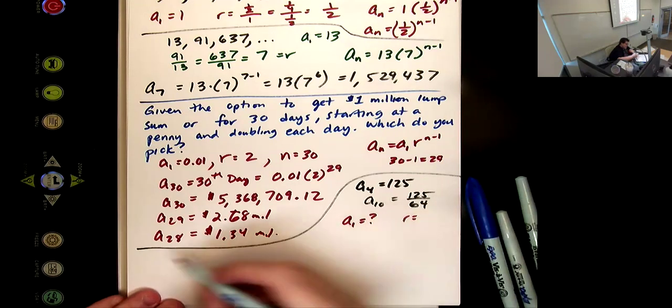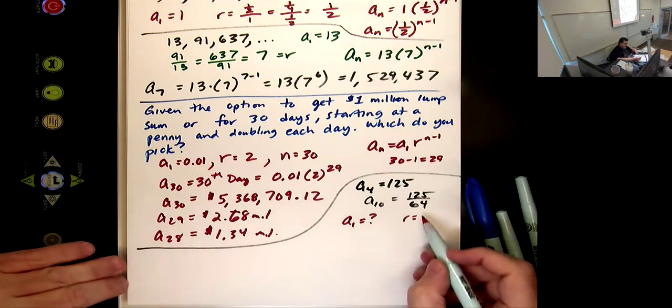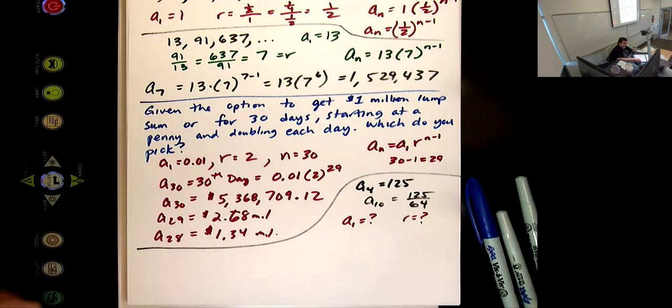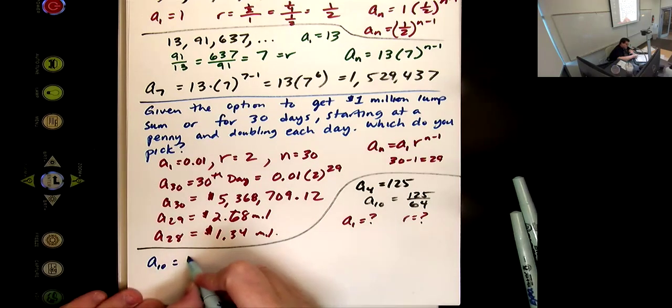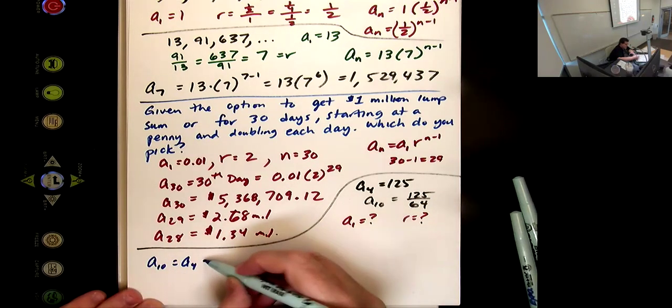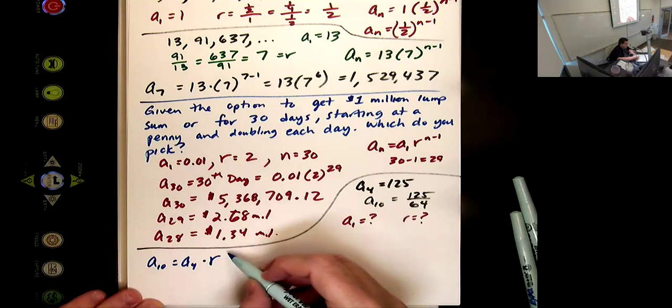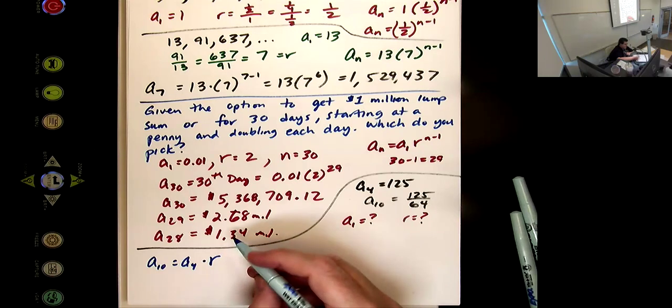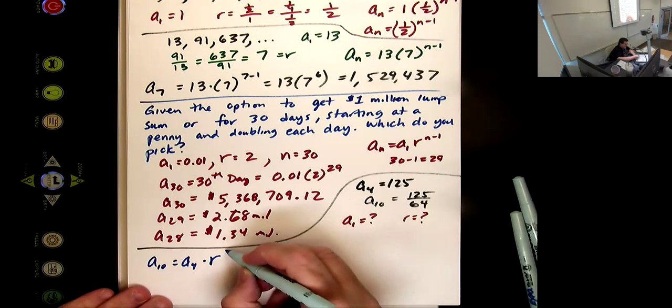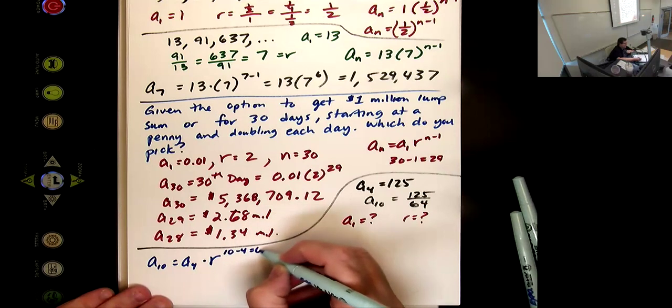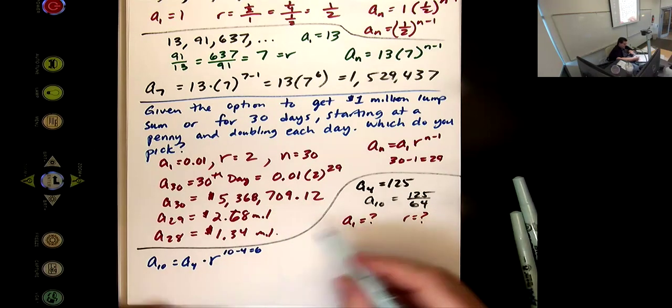I can write a sub 10 as a sub 4 times r to what power? R to the n minus 4. It's 10 minus 4, so 6th power. So I can do that.